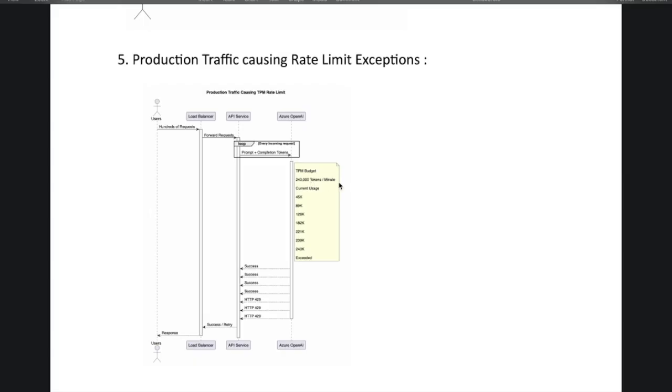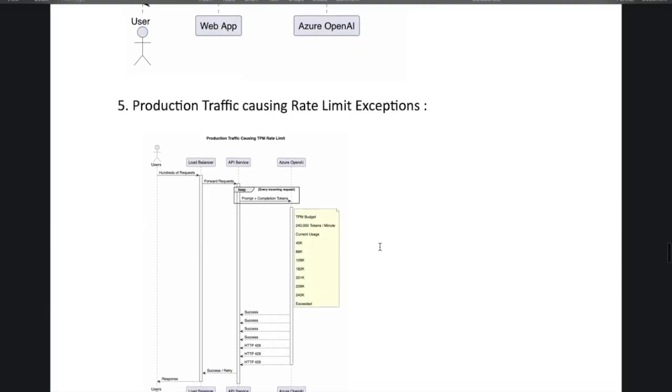Tokens per minute is assigned, that's your budget, and your current usage keeps increasing within that minute as you get hundreds and thousands of requests. Once it reaches your TPM, it gets exceeded. Until it has reached it, it's okay. Some of your responses will be a success, but once it is exceeded, you'll start getting 429 errors. So this is the real production traffic scenario causing rate limit exceptions.